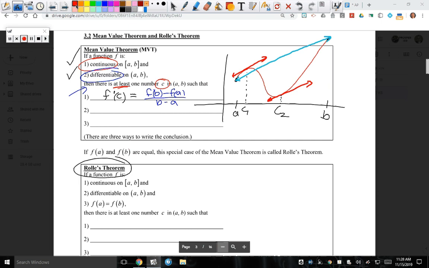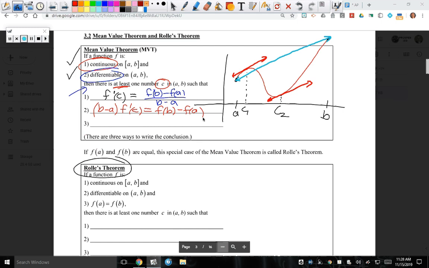And there's variations of this, guys. You could multiply both sides by B minus A if you wanted to. Let's say I multiplied both sides by B minus A. It's the same thing.